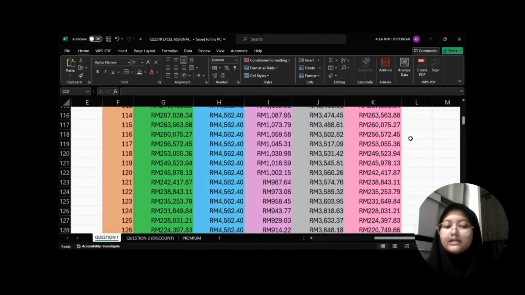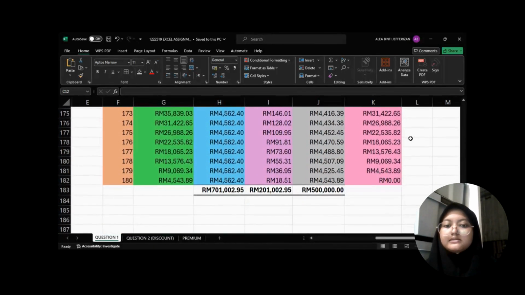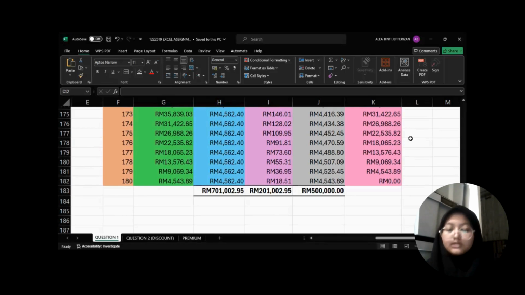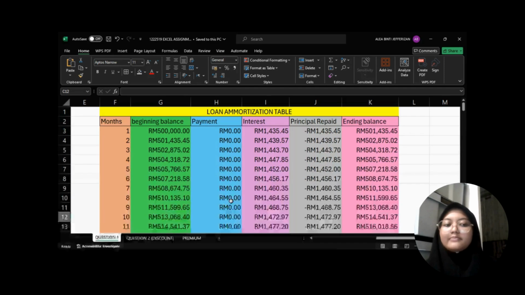By the end of 180 months, the total amount of payment is 701,002.55 ringgit, and the total amount of interest is 201,002.55 ringgit, which means the principal repaid is 500,000, equal to the beginning balance, and the ending balance becomes zero. So this is how to construct a loan amortization table.